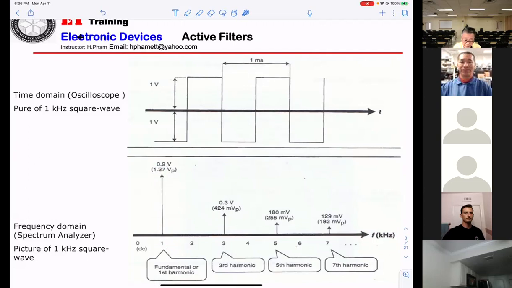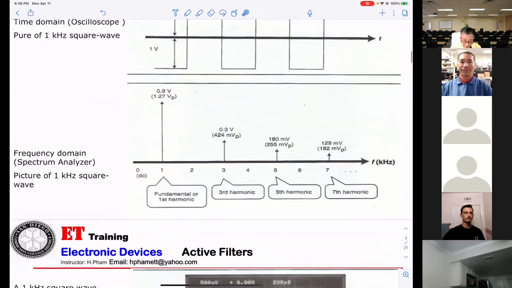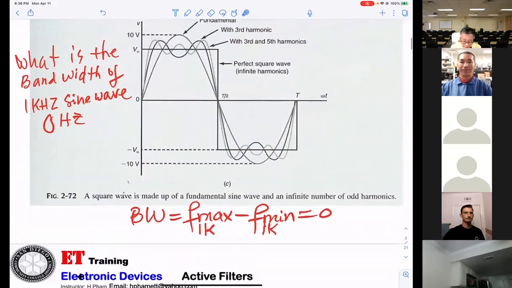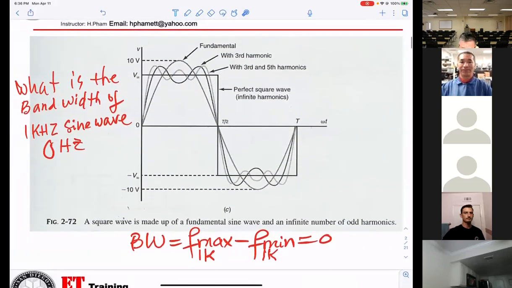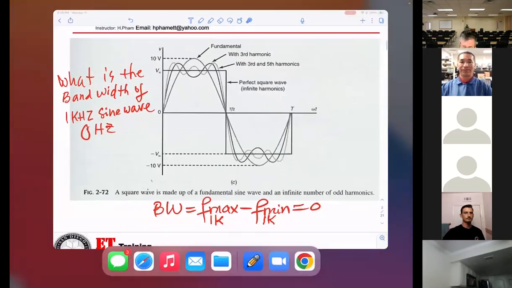Basically inside, it is made up of more sine waves, and they make up by odd harmonics.